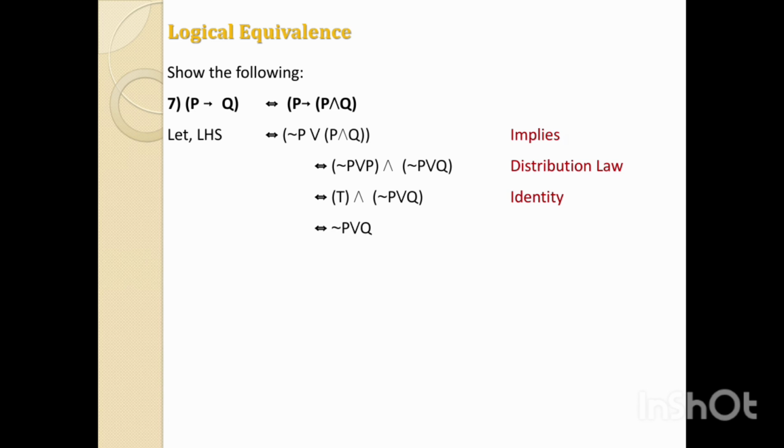That's why it is not P or Q. By using the implies formula, we can convert not P or Q into P implies Q, because it's a standard formula of implies that P implies Q is logically equivalent to not P or Q. Therefore here not P or Q is logically equivalent to P implies Q, and that's what we had to show.